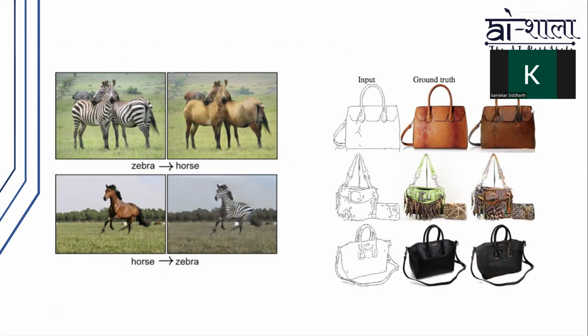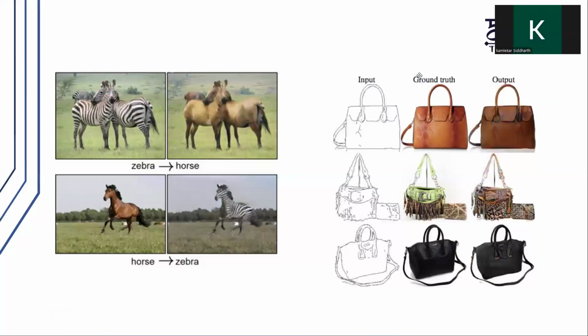This is the input and this is the output, and this will be the ground truth value after the process. Also, you can see the input is given as horses, and it will generate it in zebra form.